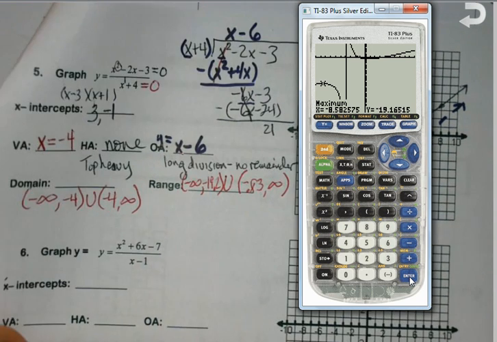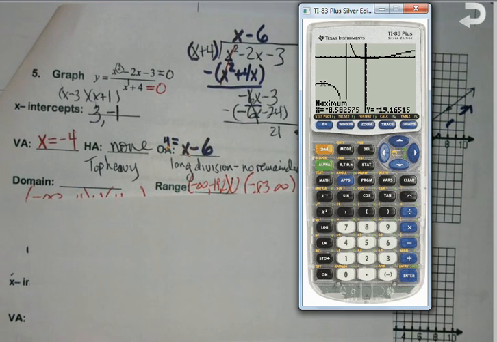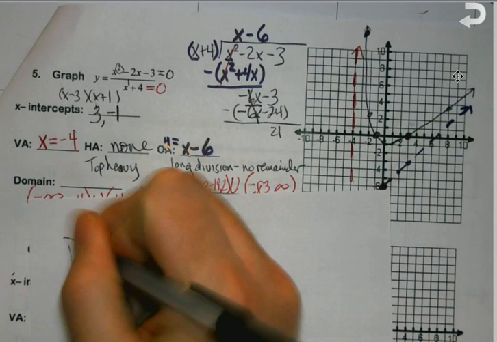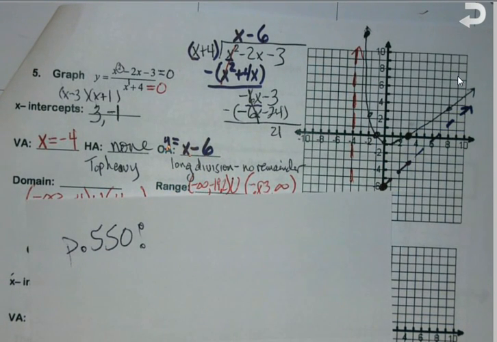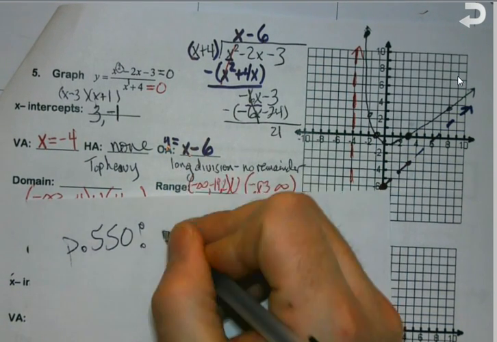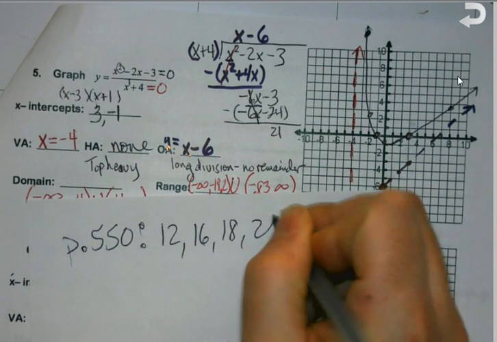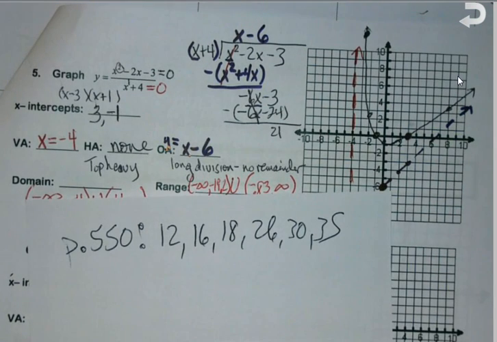So here's our game plan today. Shrink the calc down. Going to be on 550. We're going for 12, 16, 18, 26, 30, and 35.